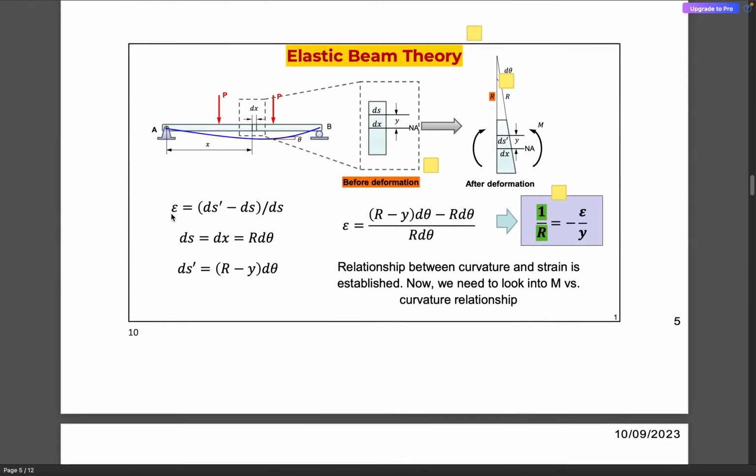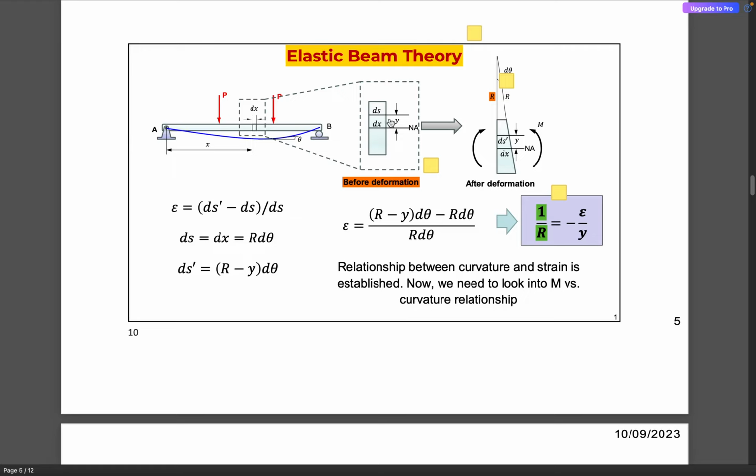So this is essentially the elastic beam theory. We consider a simply supported beam, and we consider a very small infinitesimal length of this beam, having a length of dx.